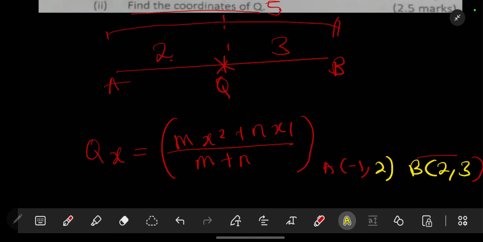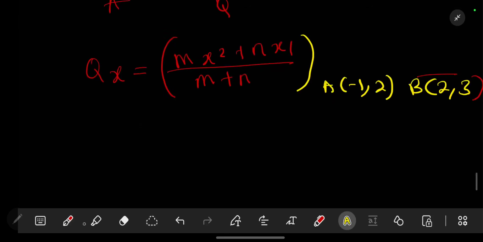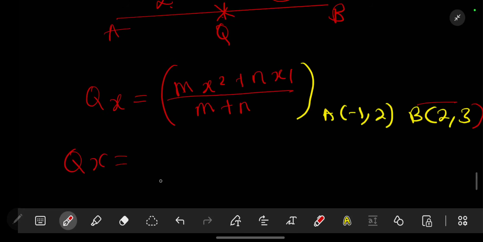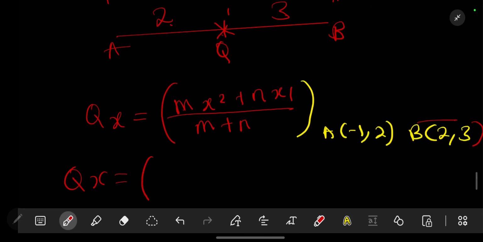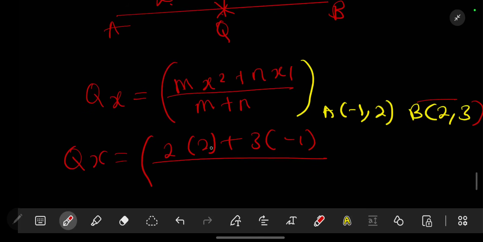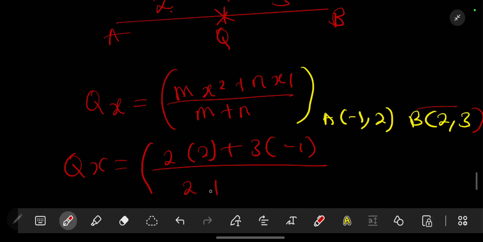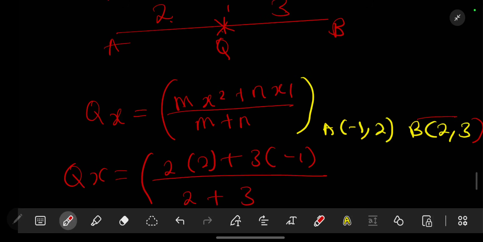So our QX should be equal to, what is our m? Our m, the first division, is 2. So we have 2 times our x2, which is 2, plus our n, which is 3, times x1, which is -1, over our m plus n, which is 2 plus 3.